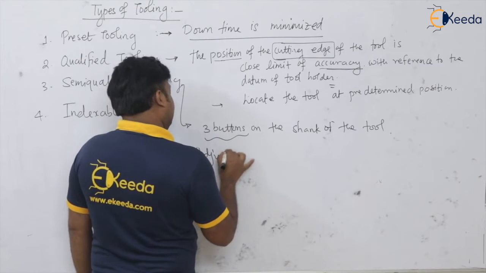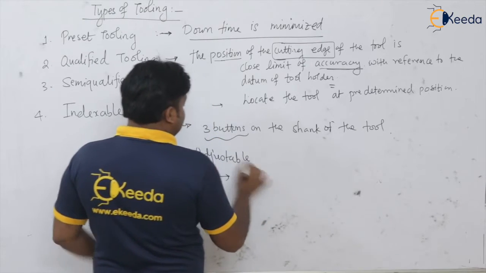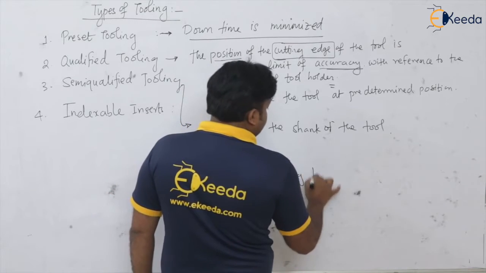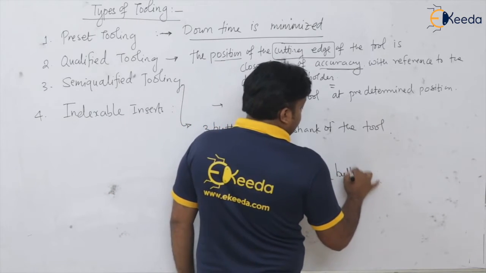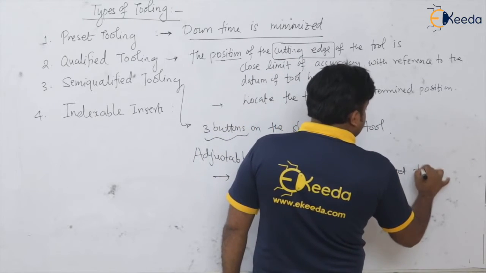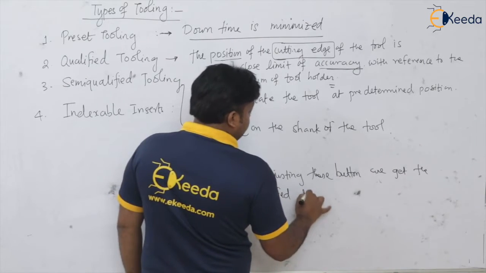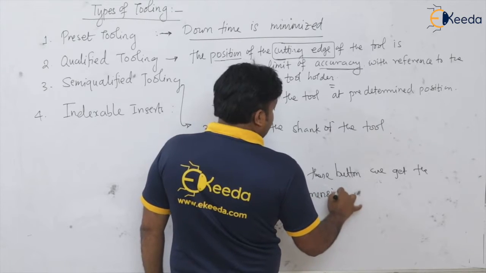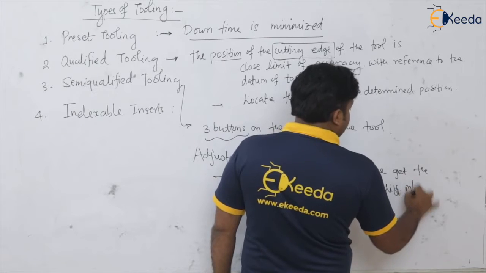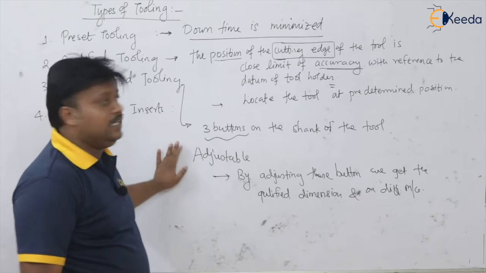By adjusting these buttons, we get the qualified dimensions, and of course it can be used on different machines. So this is the semi-qualified tooling for the CNC.